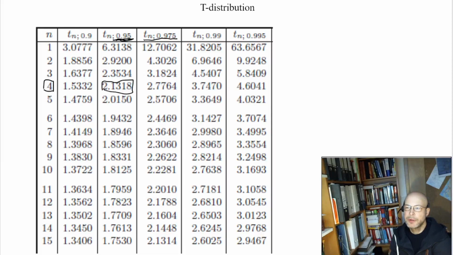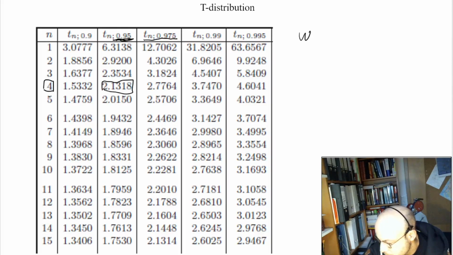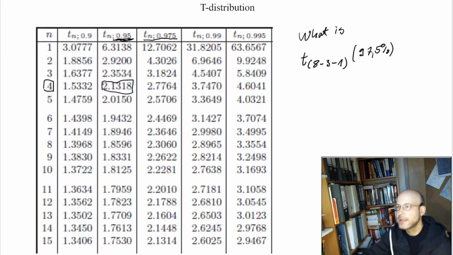So which number do we have to choose for the theoretical value? What is t of 8 minus 3 minus 1 for a level of 97.5%?